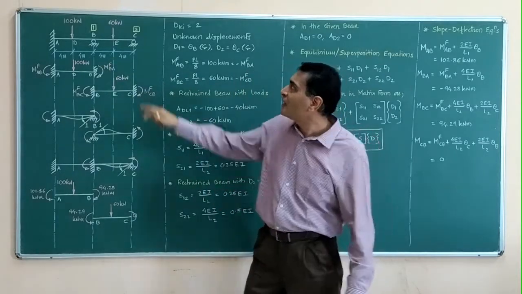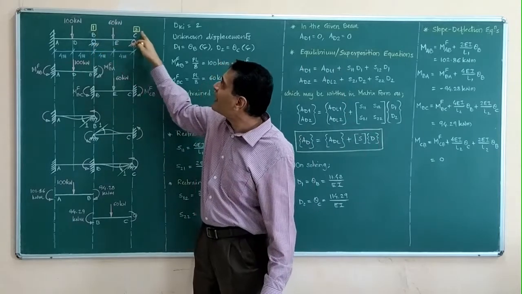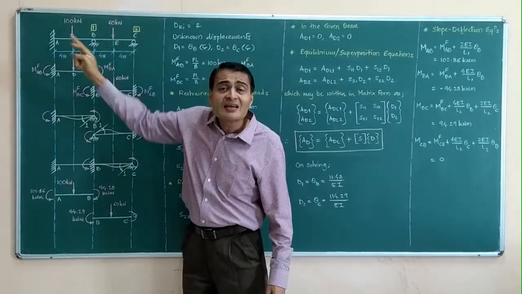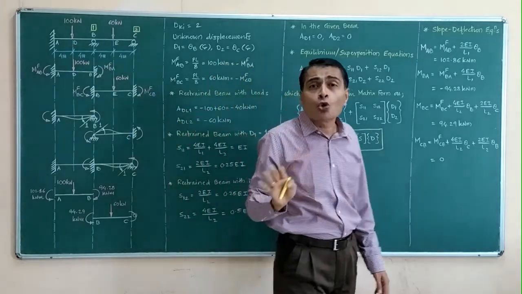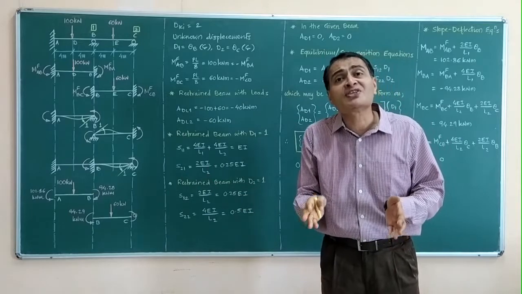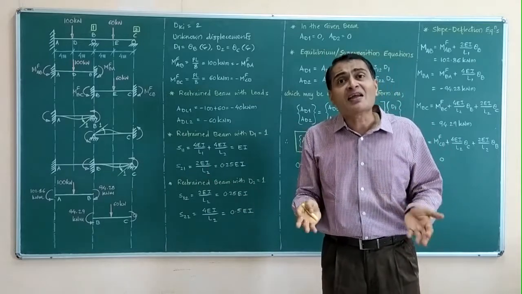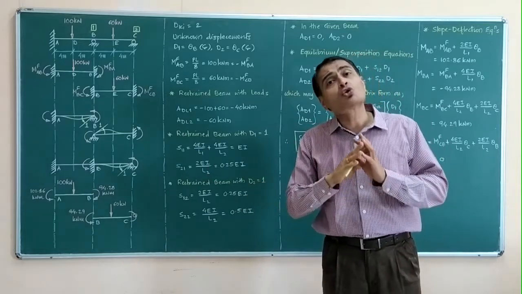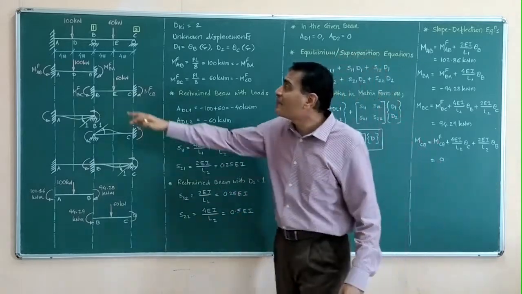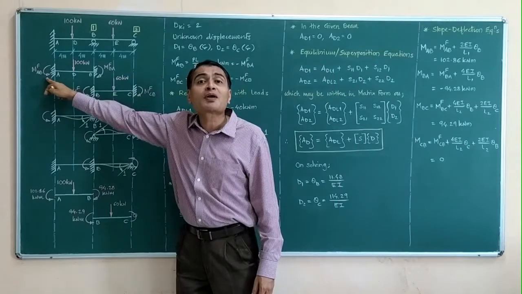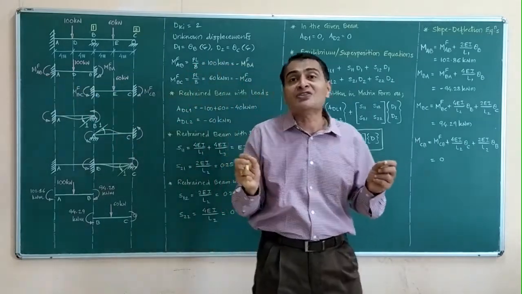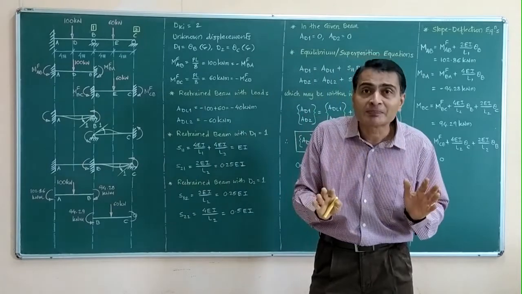Try to understand, my nodes are 1 and 2 at B and C. A is not one of my nodes because I do not have unknown joint displacements at A. At A, nodal displacements are known to me, so I am not considering A. I am not considering this particular fixed end moment as one of my ADLs.